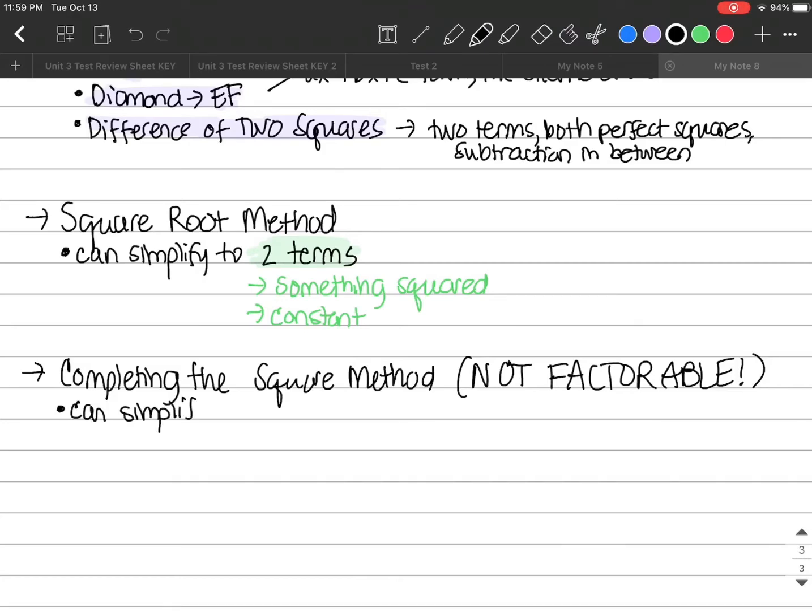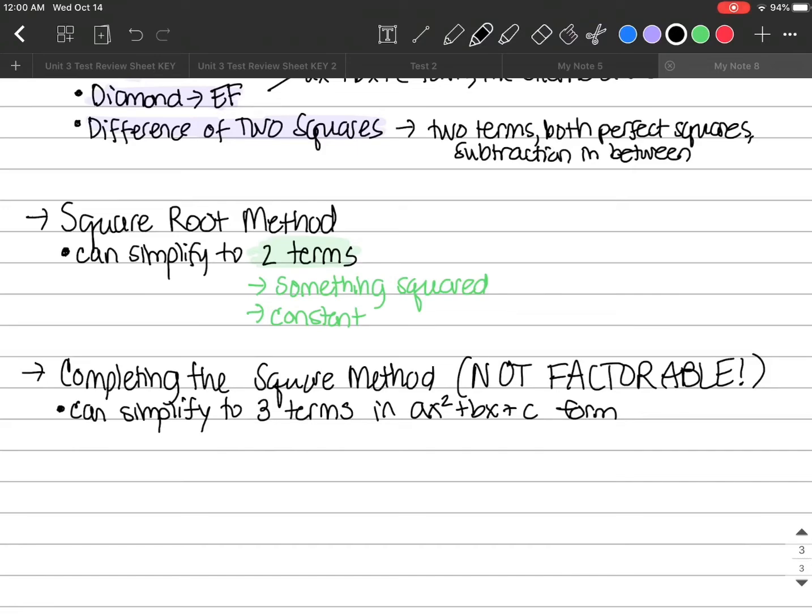The first thing you want to do is simplify the equation to have everything on one side and 0 on the other side. Or, you really just want to simplify it to get it into a form that you know. So it can simplify to 3 terms in ax squared plus bx plus c form. So this is the first way that you know you have completing the square method.